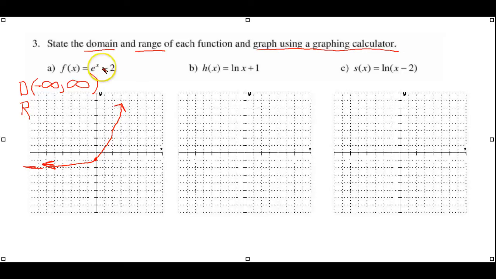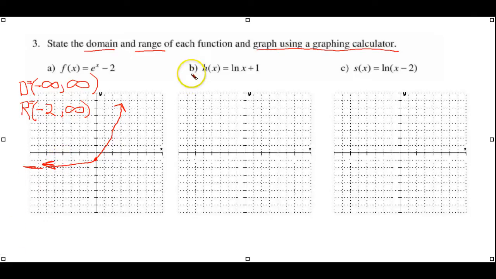Now, the key is, as you look at this formula, this is your horizontal asymptote. So our y value here will be a negative 2 with a parenthesis, because it never reaches negative 2, and goes to positive infinity. So that's this one.